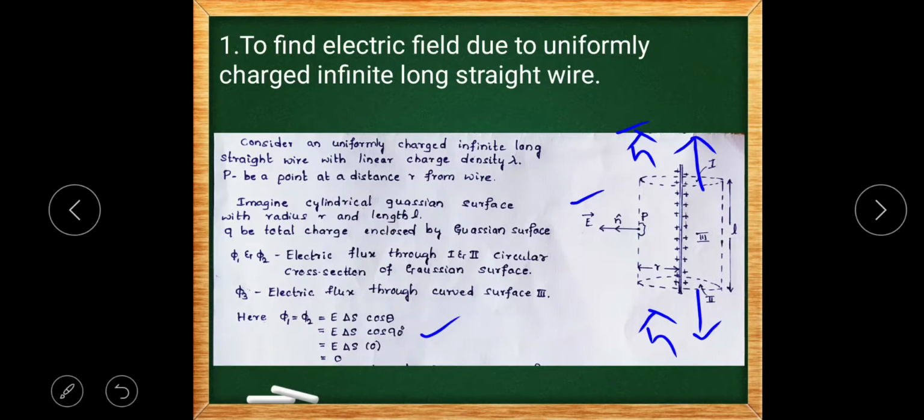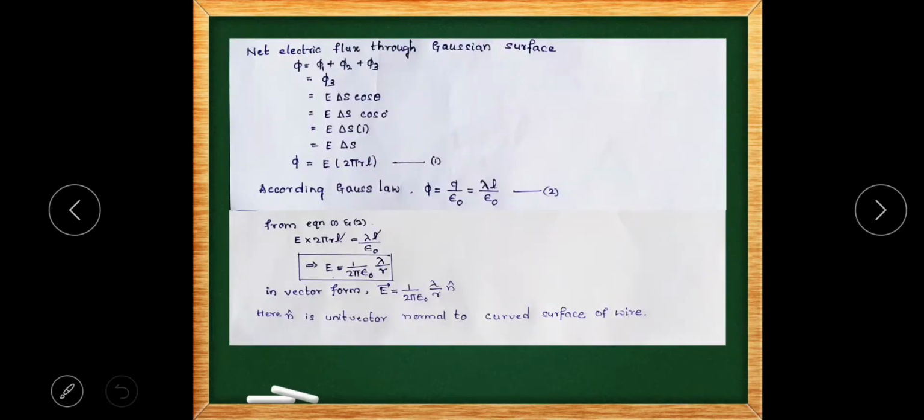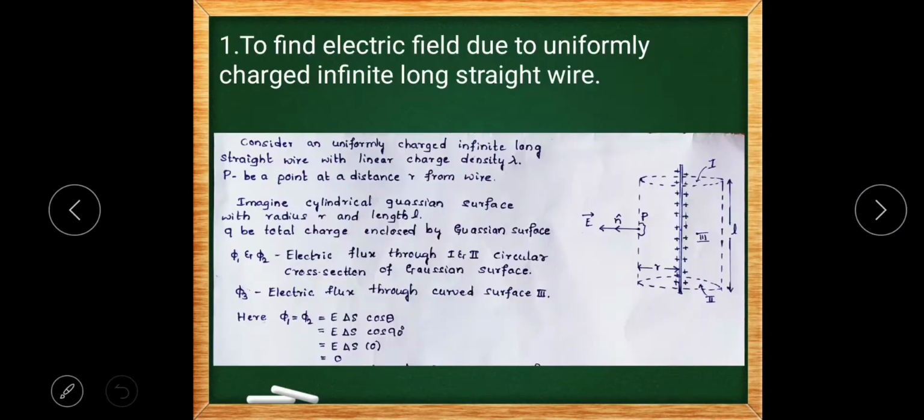Got the point? Okay. Now net electric flux through the Gaussian surface equal to phi 1 plus phi 2 plus phi 3. Here phi 1 and phi 2 equal to 0. Hence we are left with only phi 3. So phi 3 equal to E delta S cos theta. Again here, theta equal to how much? 0 degree. In the curved surface theta equal to 0 degree. Both vector E and the unit vector n are along the same direction.